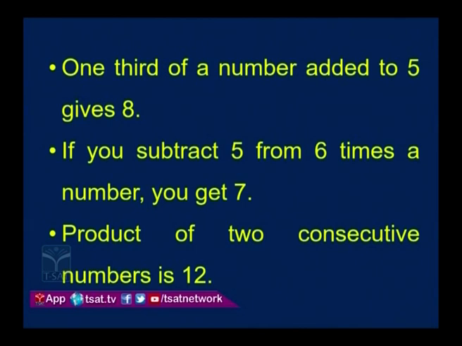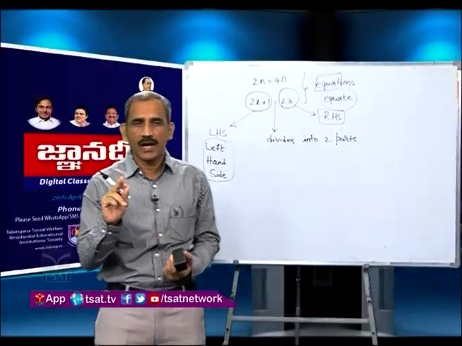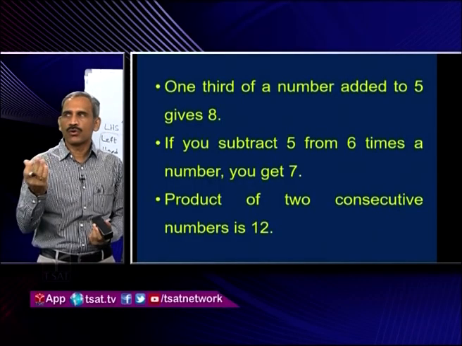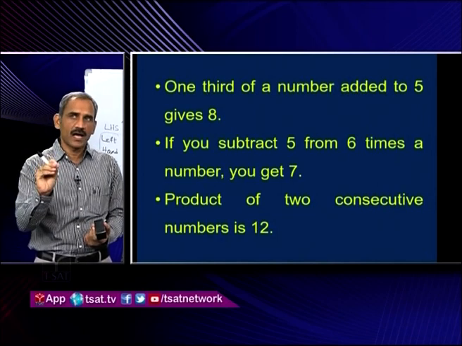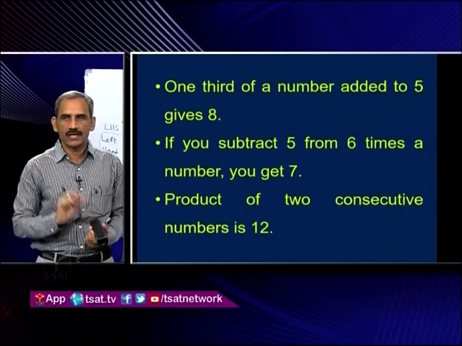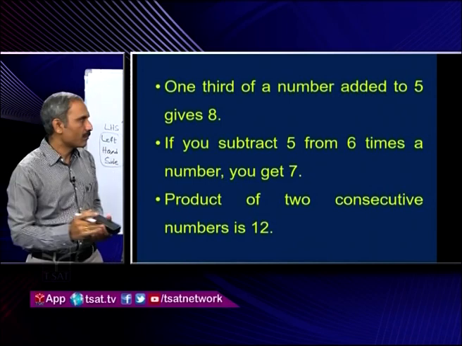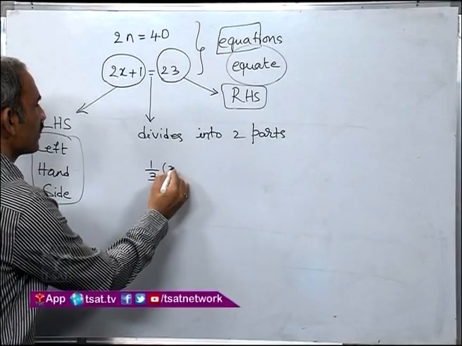Now, basing on that statement, we have to form an equation. Here we don't know what that number exactly is, so let us take that number as a variable. Let us assume the number as a variable. 1/3 of a number, let us take the number as x.